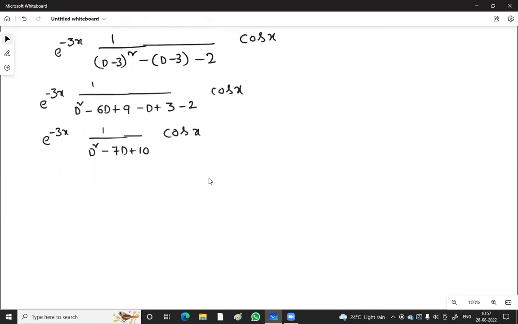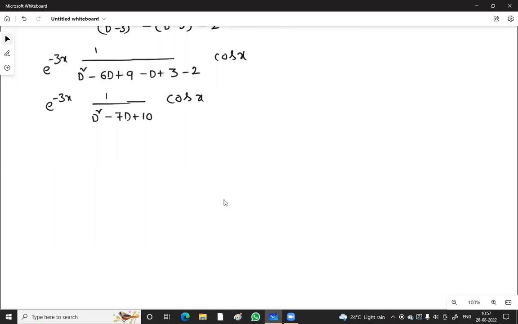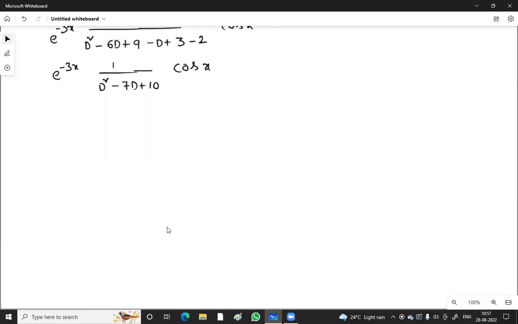So here we got e power minus 3x, 1 over, in the place of D square, minus a square. Here cos ax plus b, it means cos 1x plus 0.